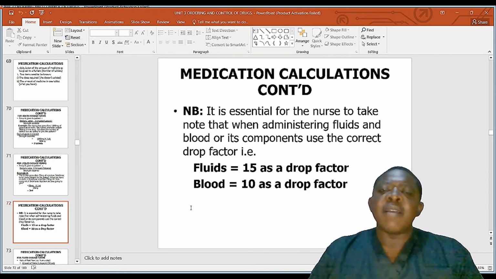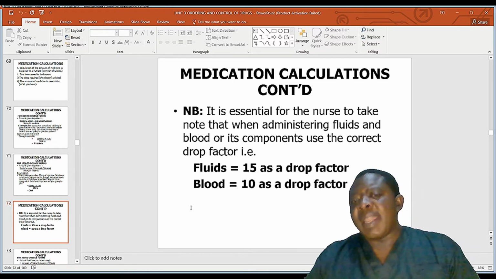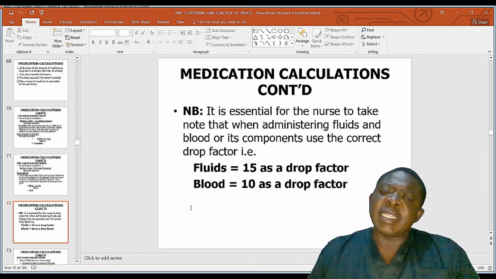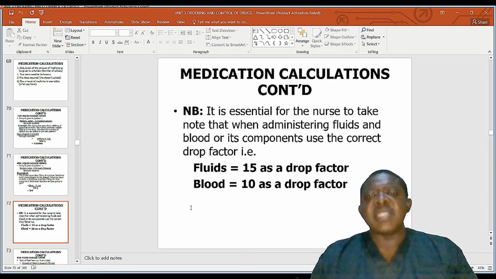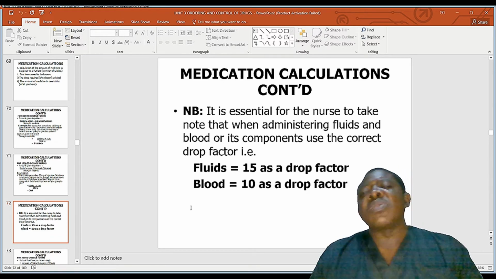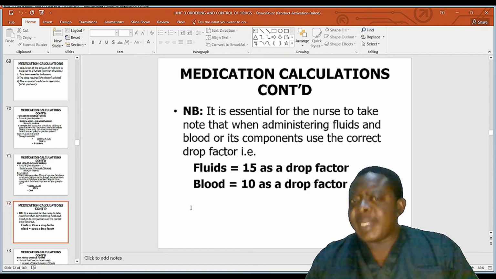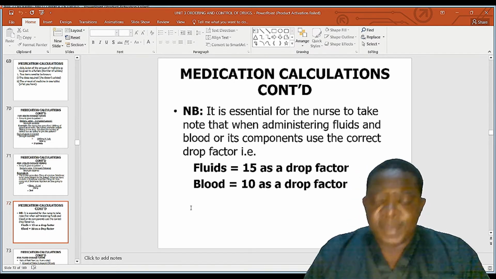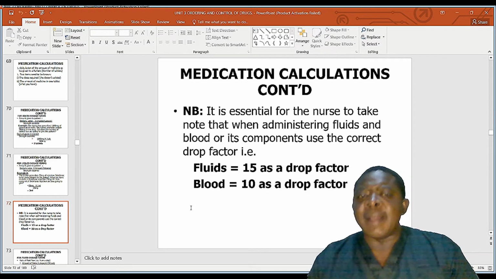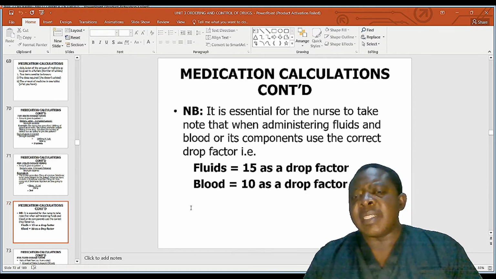Then for blood, the drop factor can be 10. Otherwise, I would say the drop factor for blood is mostly 15, but you have to check on the giving set. And for fluid, mostly the drop factor is 20. But for the purpose of this lesson, I put fluid 15 as a drop factor, and blood may have 10 as a drop factor.